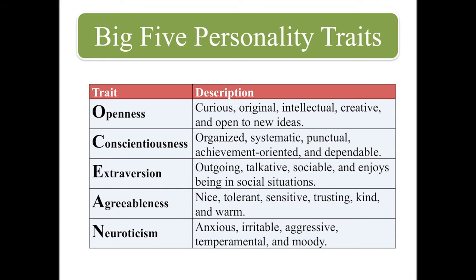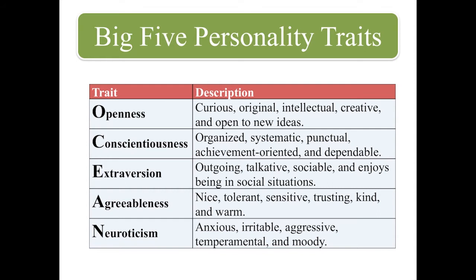Openness would be described as someone who's curious, original, intellectual, creative, and open to new ideas. Conscientious individuals are organized, systematic, punctual, achievement-oriented, and dependable. Extroverted individuals are outgoing, talkative, sociable, and enjoy being in social situations. Those who are agreeable are nice, tolerant, sensitive, trusting, kind, and warm.